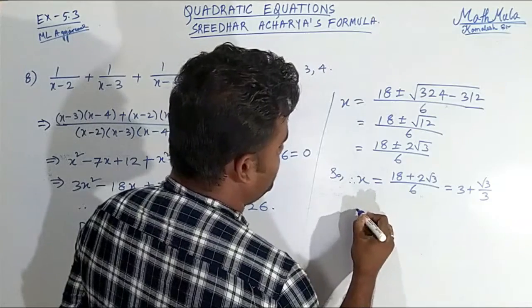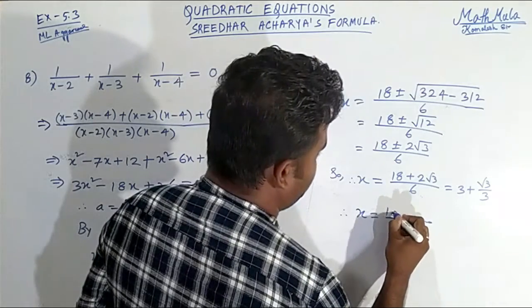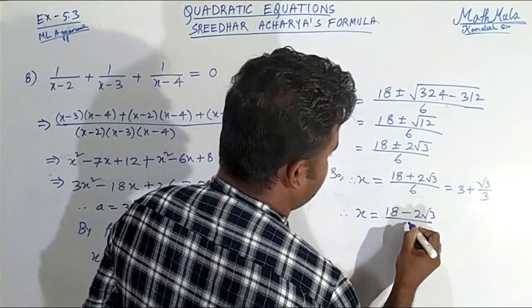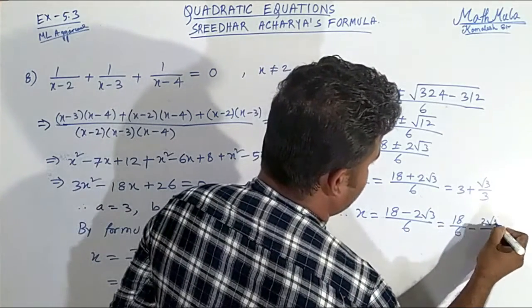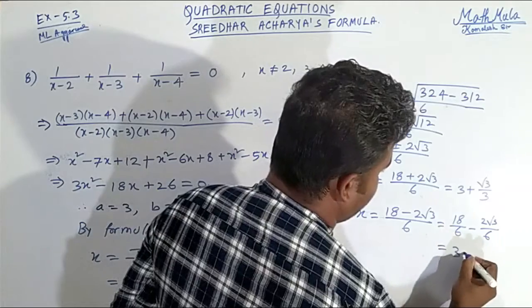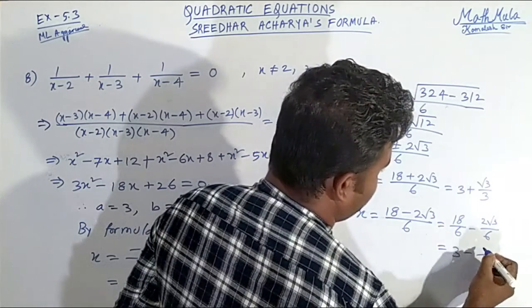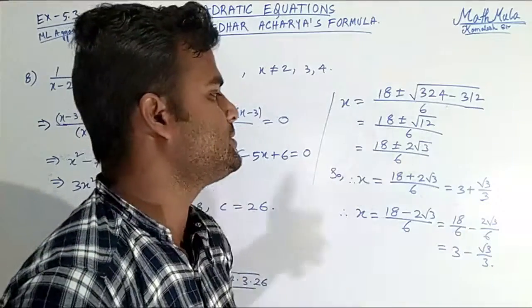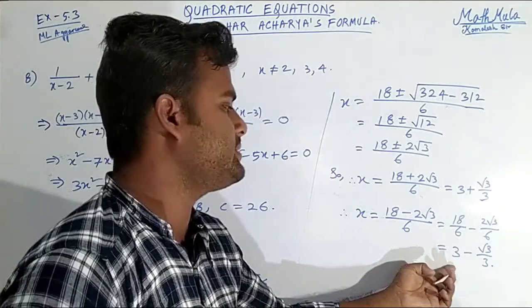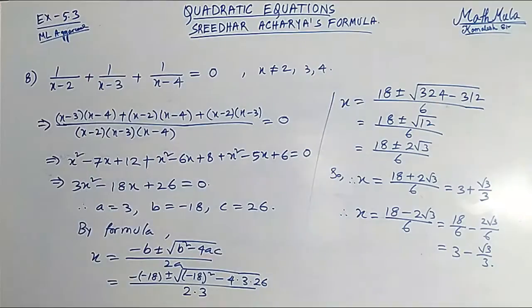And another root, x is equal to (18 minus 2 root 3) by 6, that is 18 by 6 minus 2 root 3 by 6, that is 3 minus root 3 by 3. So one root is 3 plus root 3 by 3 and another root is 3 minus root 3 by 3. That's it.